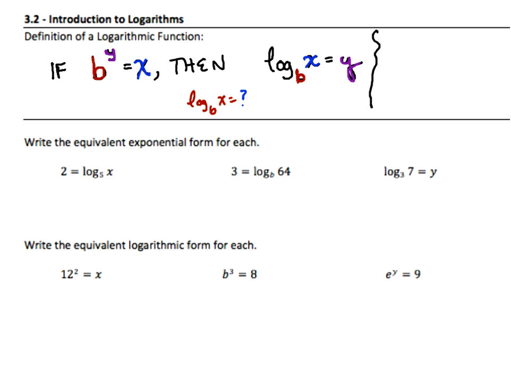If I have a base of, let's say, 3, and I square that, that's going to equal some value. In this case, that value would be 9.